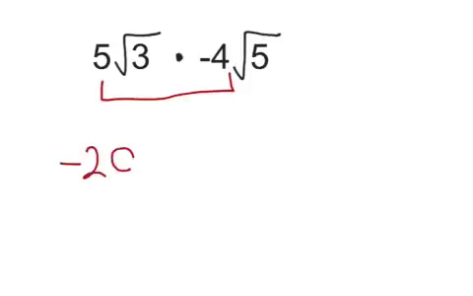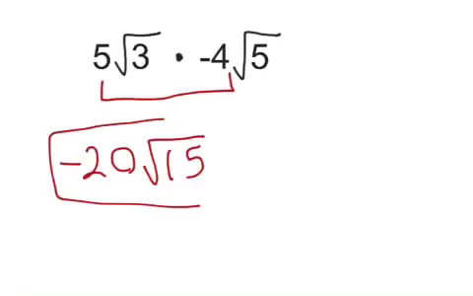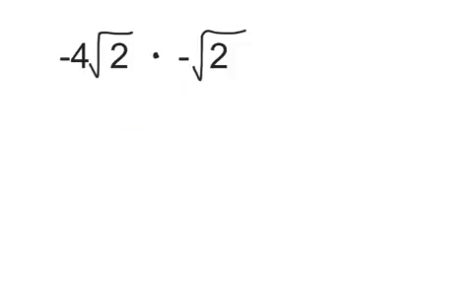Then root 3 and root 5 will give me root 15. The 15 can't simplify anymore. That's my answer. That one's easy, I don't have to simplify.